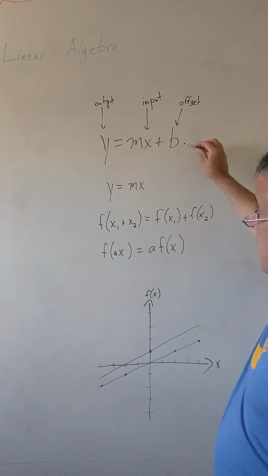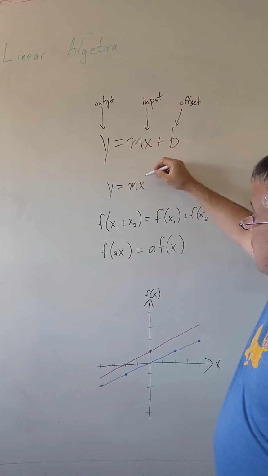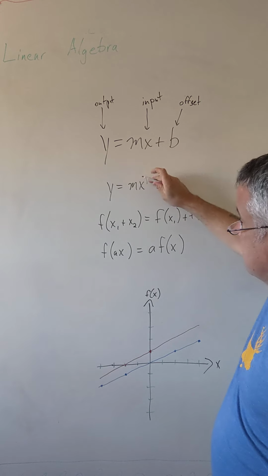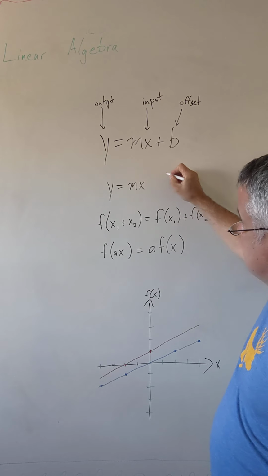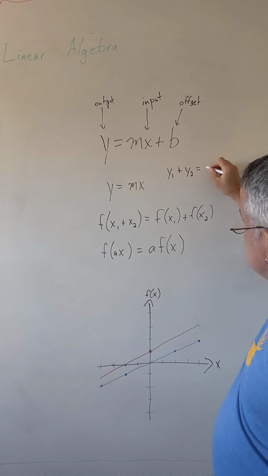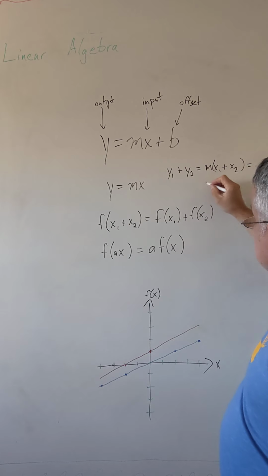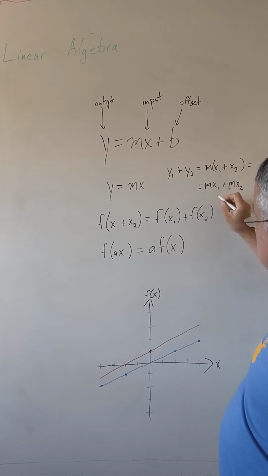Let's go back here and check out what happens. So what if I put in x1? Let's start actually with the one that I said was going to be linear. We can say that y1 plus y2 is equal to m(x1 plus x2). Is that correct? Well, yes, if what we mean is that m times x1 is y1 and m times x2 is y2.